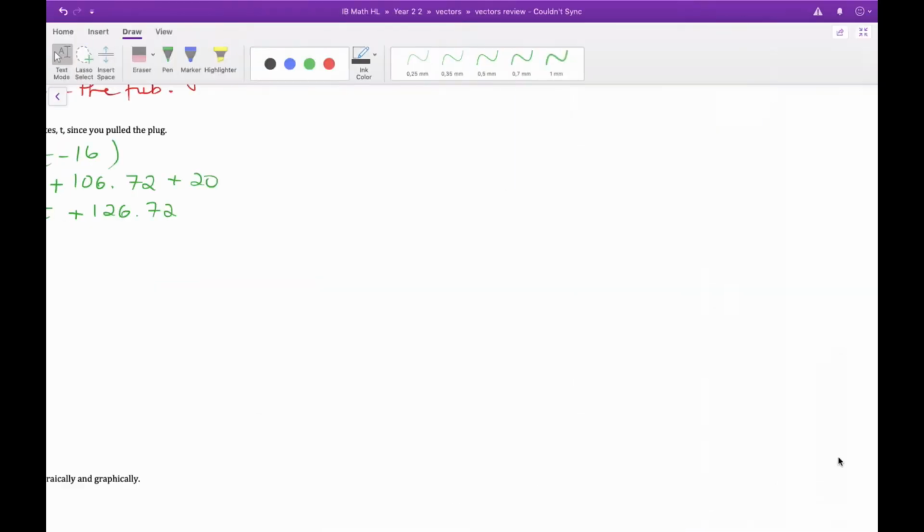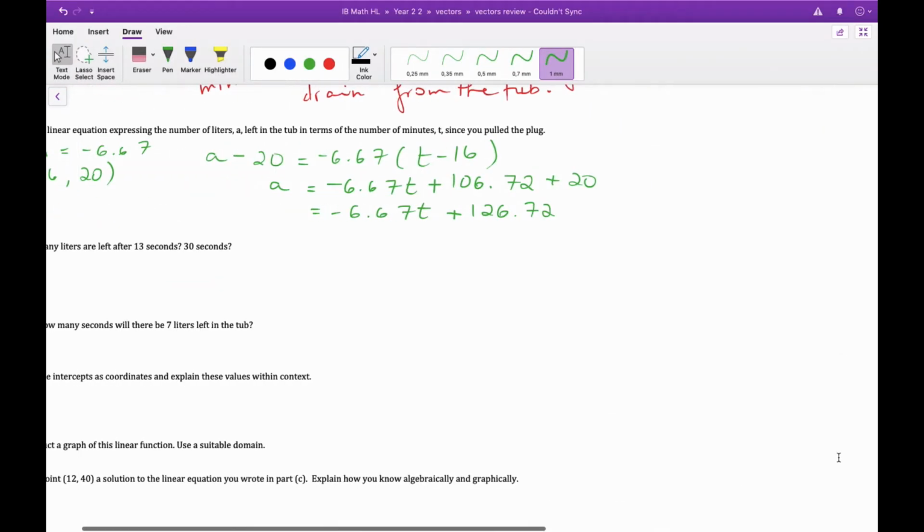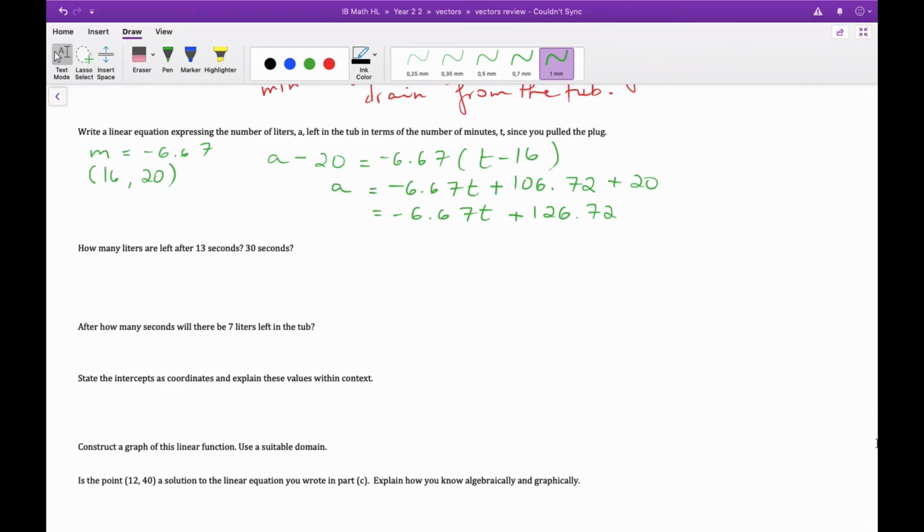Let's go back to our other scenario and see where we are. The next question is how many liters are left after 13 seconds? So your time is 13 seconds. Right, so if time is 13 seconds, I want to find the amount. I can just take that 13 and plug it into my equation.